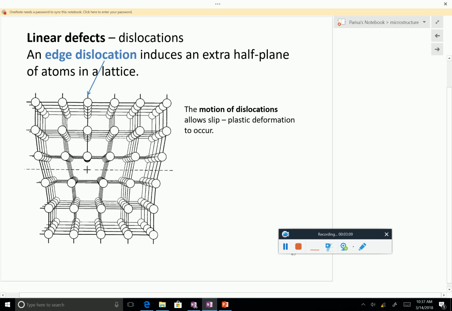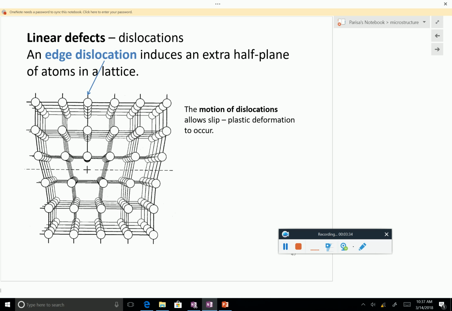A very important type of defect which causes a lot of trouble in metallic structures is dislocation. And dislocation is when, for example, here you can think about one line of atoms missing, or you can think that on the upper side there is an extra line.